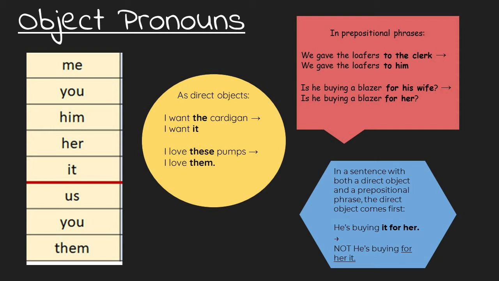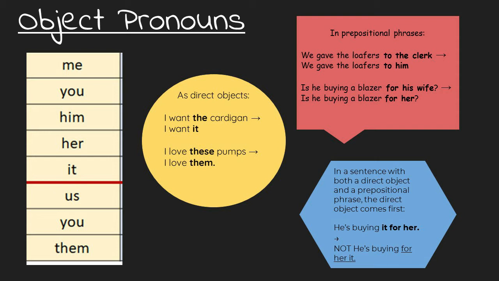For example, if I want to say I love my sister, my brother, my family, instead of saying all the names of my family, I can say "I love them." Why? Because for my sister, my brother, and all my family, I can use the subject they, but as an object pronoun, I'm using them, right?